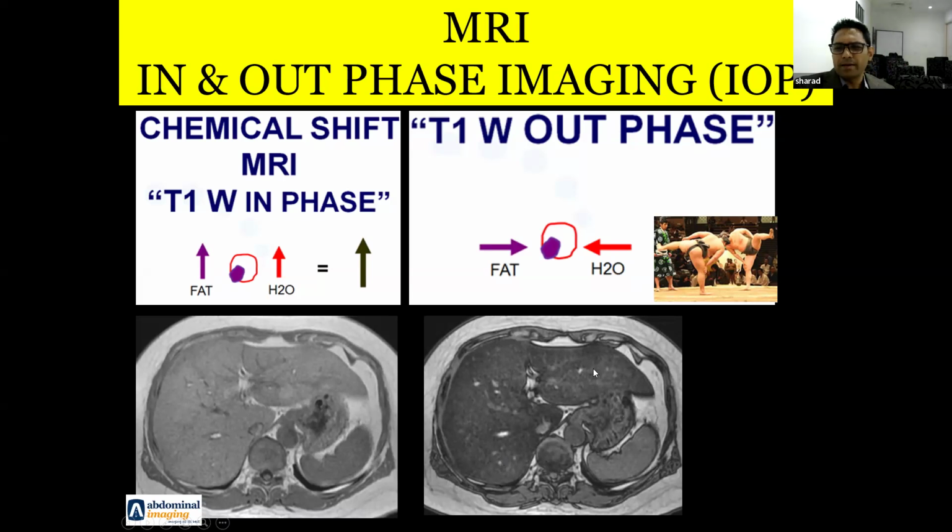That's how you identify microscopic fat, the fat in the hepatocytes. You can see because there was so much significant fat, the overall signal of the liver was slightly brighter than what you expect, and this signal drop confirms that there is fat in the liver.